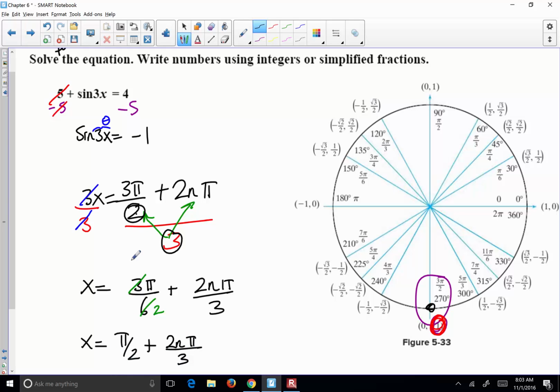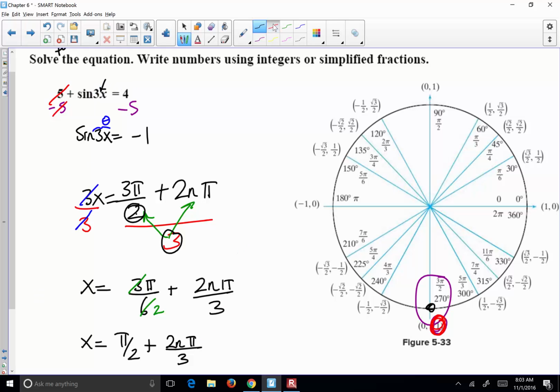All 90-degree angles here, 90 degrees. And when you add 2 pi over 3, 4 pi over 3, 6 pi over 3, 8 pi over 3, all multiples of 2 pi over 3 added to 90 makes this thing 4 under sine. When you add 5 and sine 3x together, they make 4.